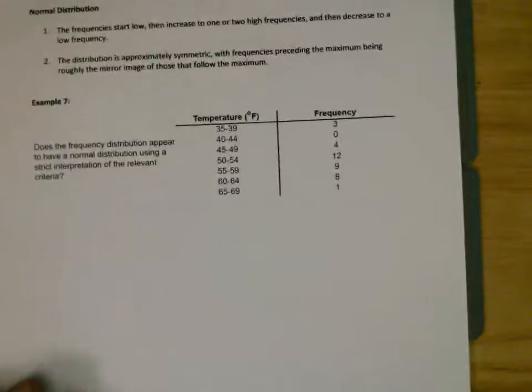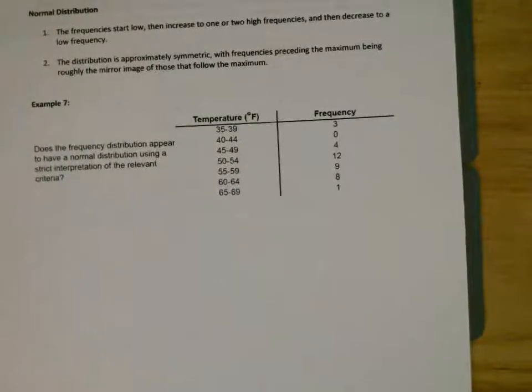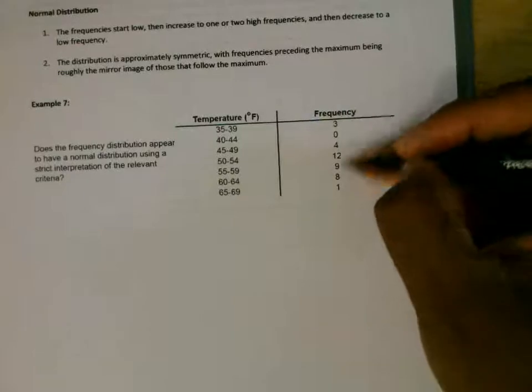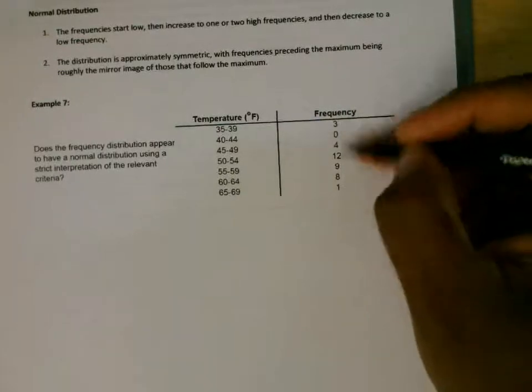So, in example 7, let's say you had this question. Does the frequency distribution appear to have a normal distribution using a strict interpretation of the relevant criteria? So here's that distribution. Take a look at those frequency values here.